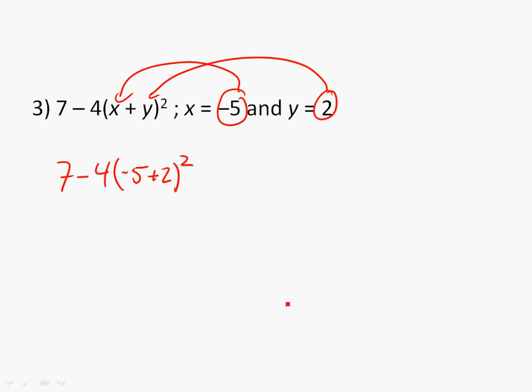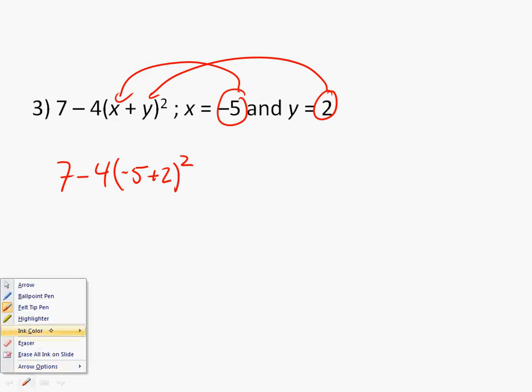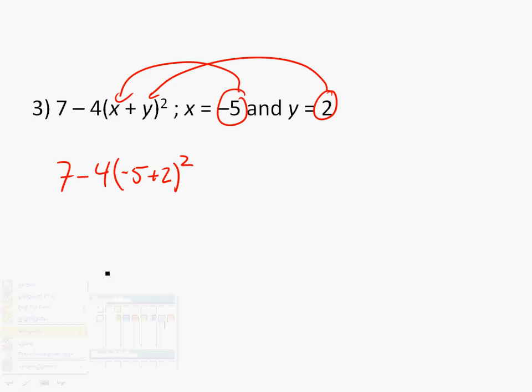And there's so many tempting things to do here. Some people might be tempted to take the 7 and the 4 and subtract them first, because that's on the left. Some people might be tempted to take the negative 4 and distribute it into the parentheses. Some people might be tempted to do negative 5 squared and 2 squared.